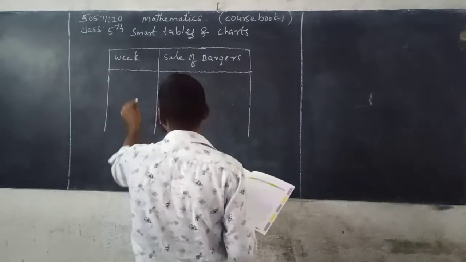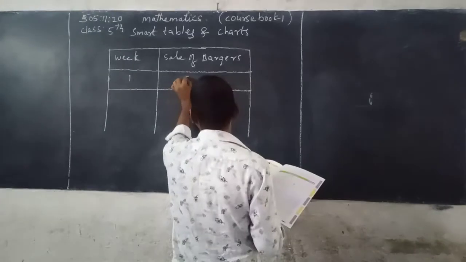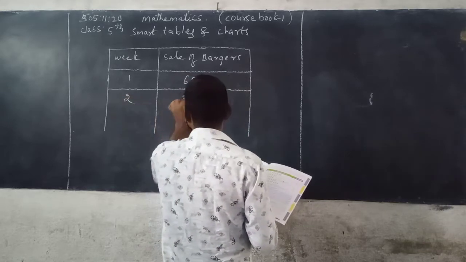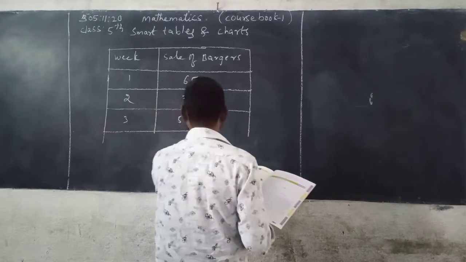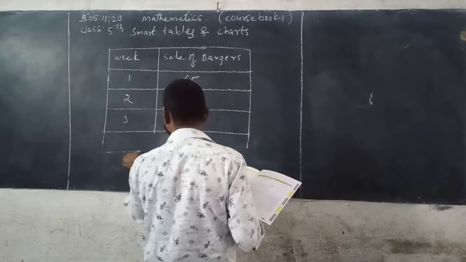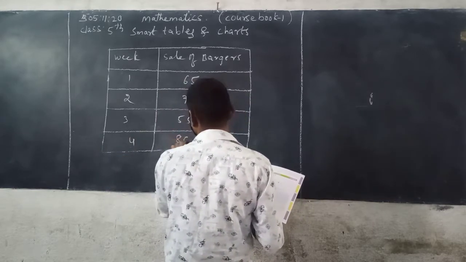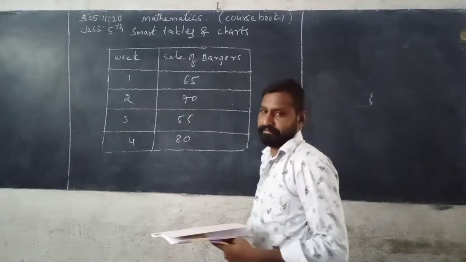First week, how many burgers sold? 65. Now second week, 70. Third week, 55. Now next, fourth week, 80. See here, this is the given data.